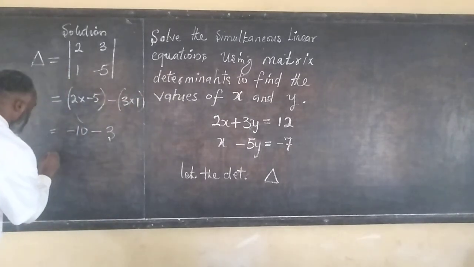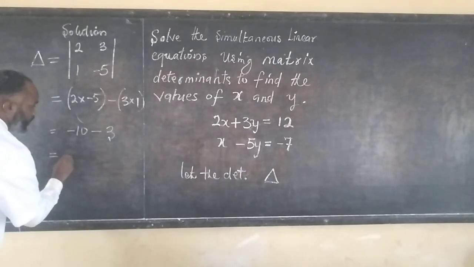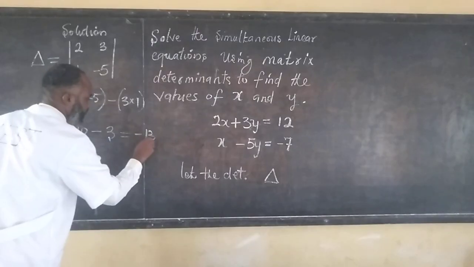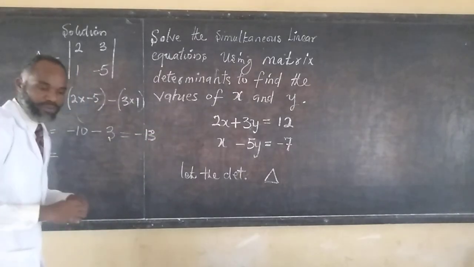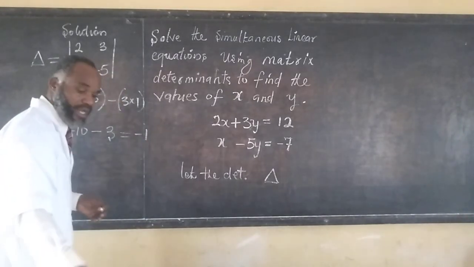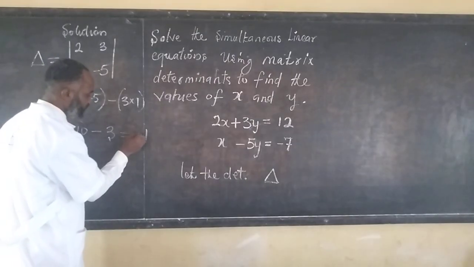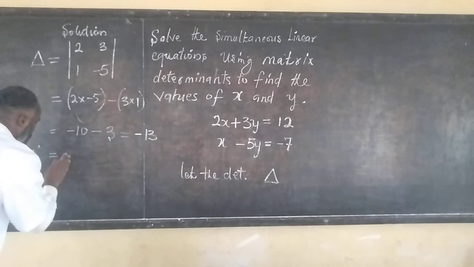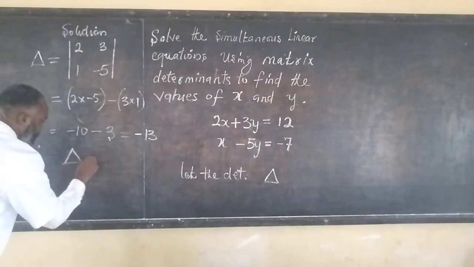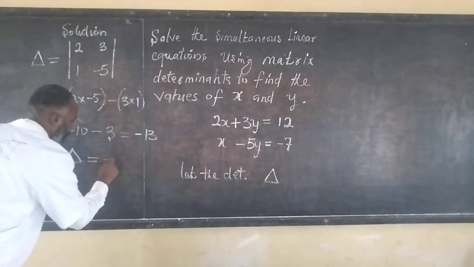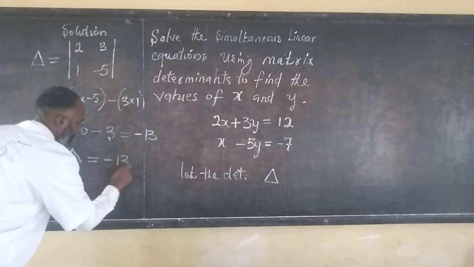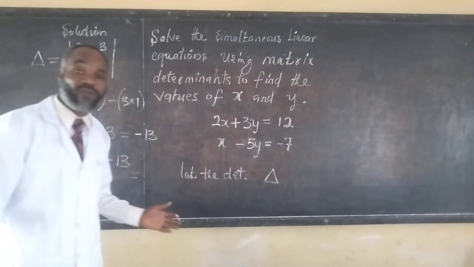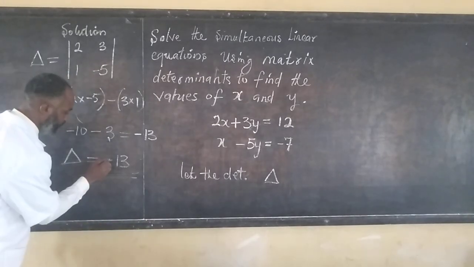This means that we have minus 13. Therefore, our determinant, by this letter, is minus 13. We have now successfully found the determinant to be minus 13.